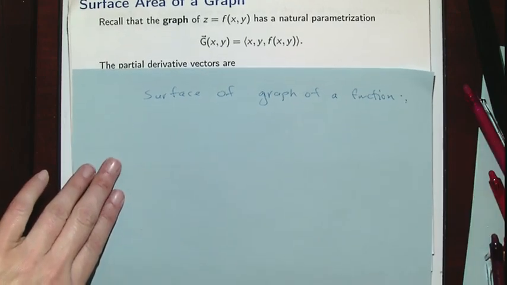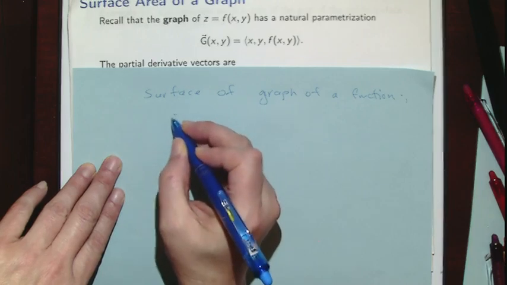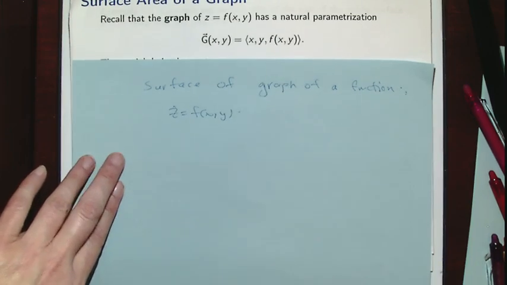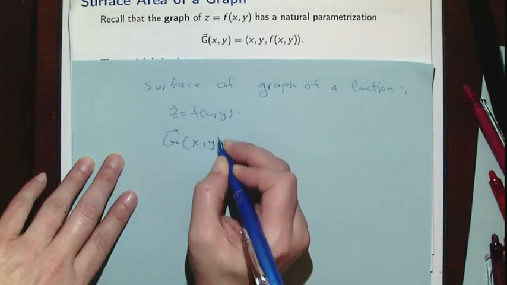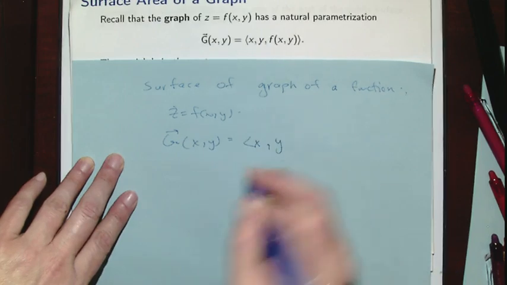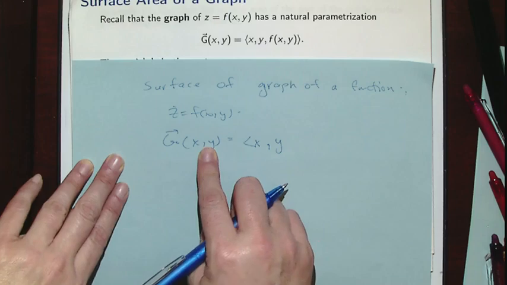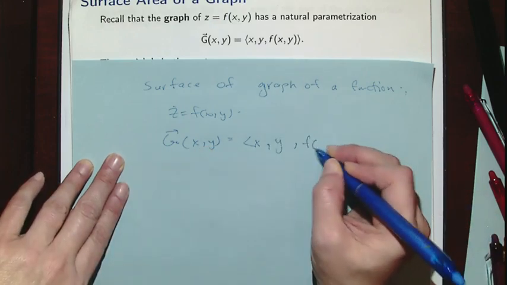What do I do? Can anybody remind me how to parameterize the graph of a function z equal to f of x and y? G of x and y, two parameters, x, y. Don't mistake this. x and y are still parameters because I'm parameterizing it. And then f of x and y.